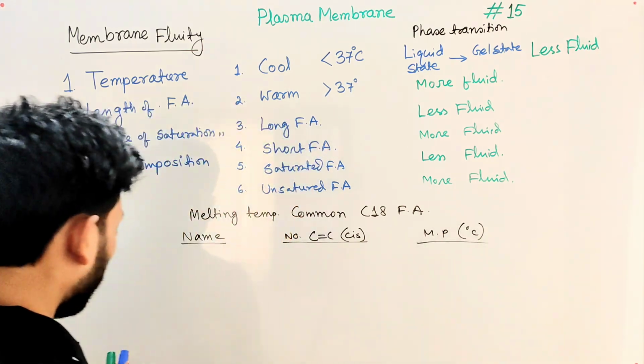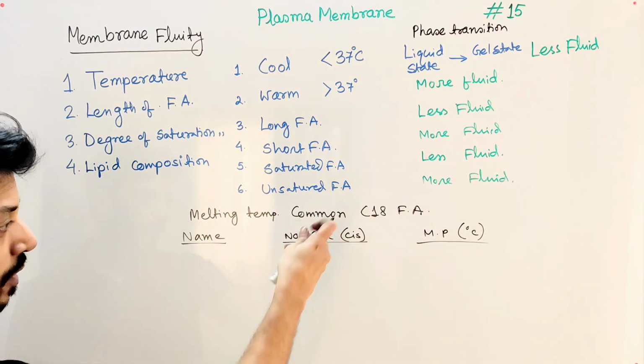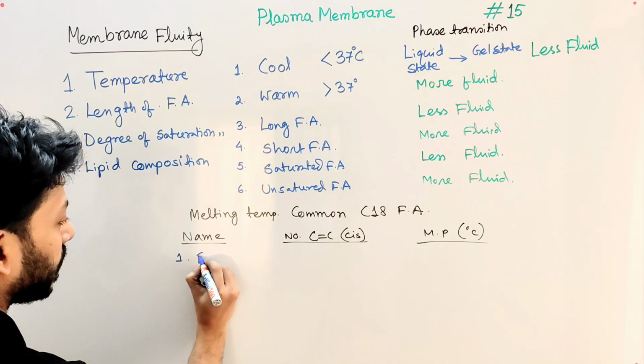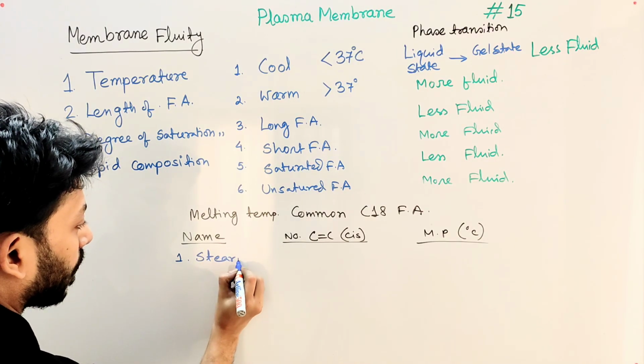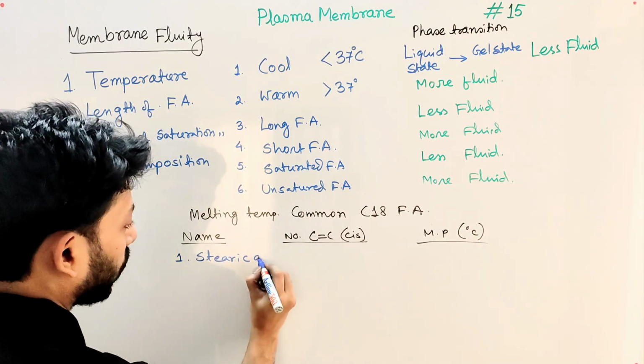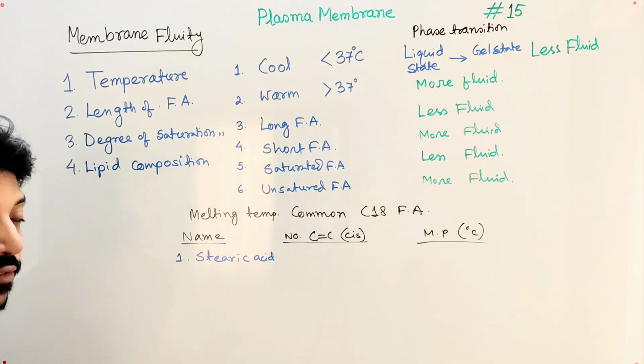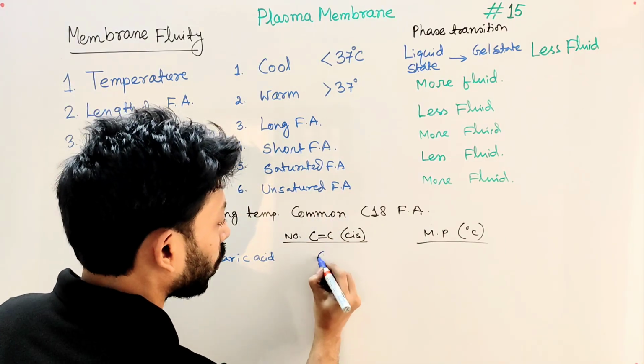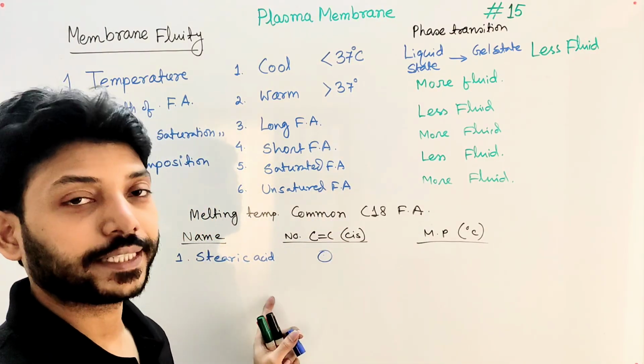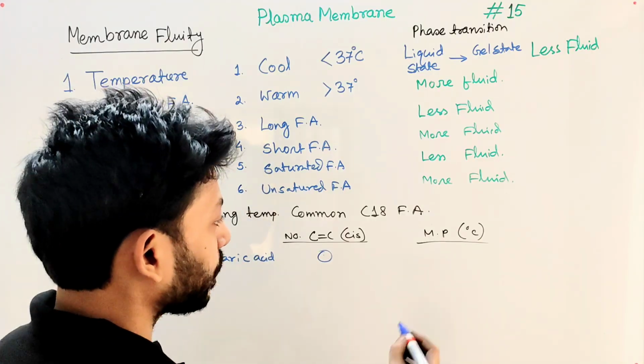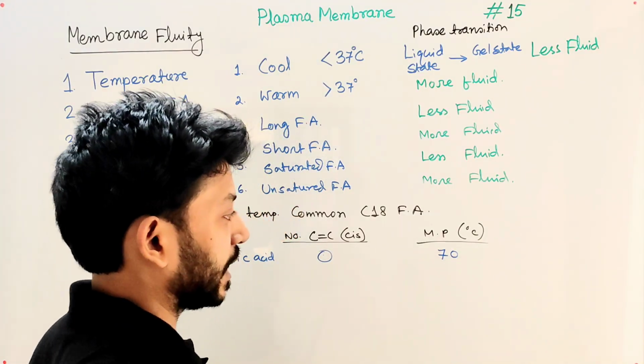Okay, so the first example of carbon 18 I can write here is stearic acid. Stearic acid is an example of a carbon 18 fatty acid with no carbon-carbon double bond, so 0. That means it is a saturated fatty acid. The melting temperature is high, 70 degrees centigrade.